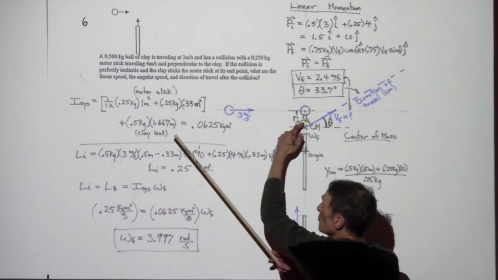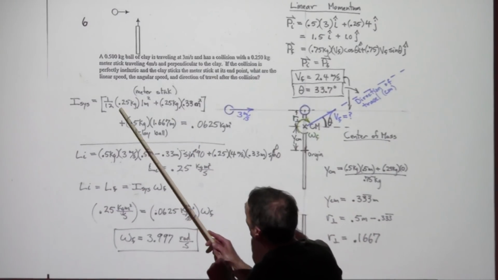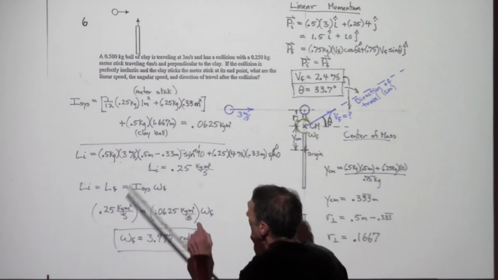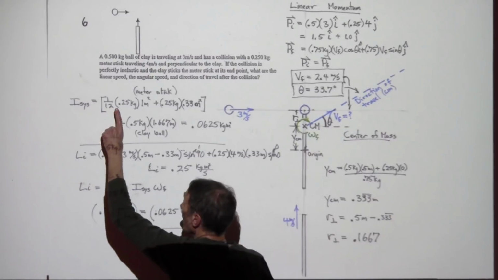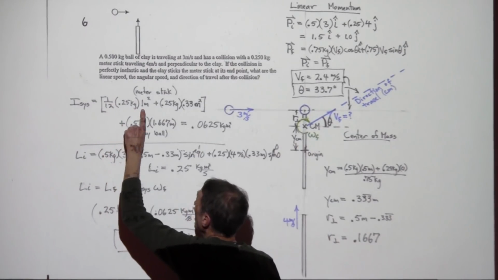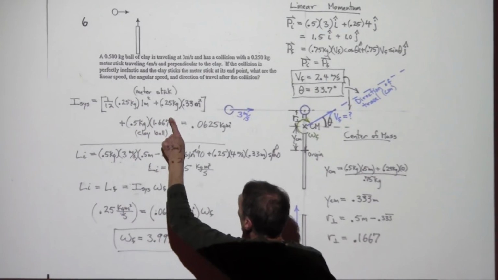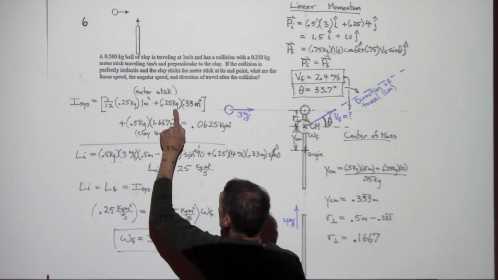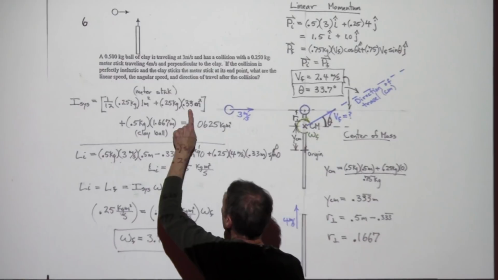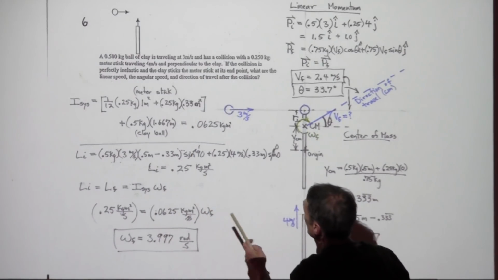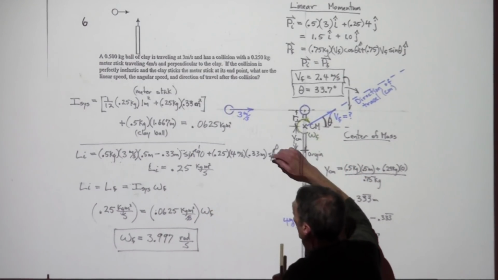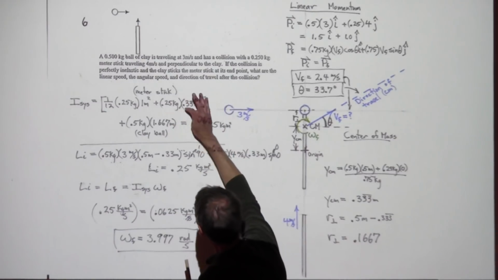So one of the first things we have to do is get the meter stick itself. The meter stick around the center of mass is 1/12 mr squared, plus the mass times d squared. d is the distance to the center of mass of the meter stick.